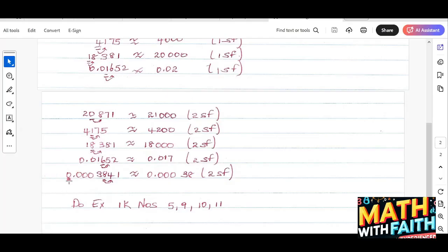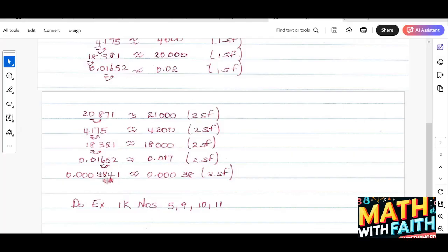And just for good measure, let's do this last one. 0.0003841 to 2 significant figures. So 0000, not significant. The first non-zero number is this 3. So this is the first significant figure. The second will be the 8. So we're looking at 2 significant figures.